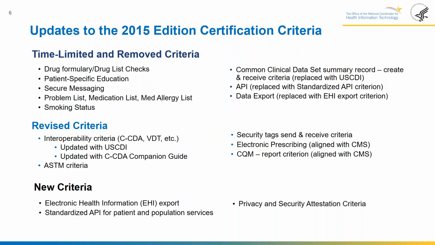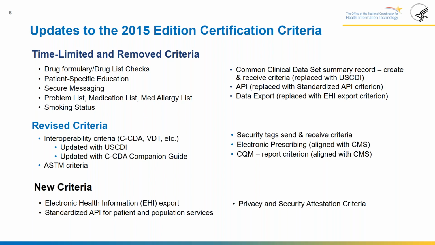The next bucket is what we call revised criteria. This includes what we call the interoperability criteria: the CCDA, the view, download, transmit, and the API criteria. These are being updated with what Rachel mentioned earlier, the USCDI, which we'll also go into in further detail. Some are being updated with the CCDA companion guide.